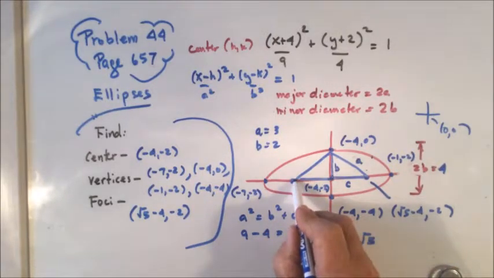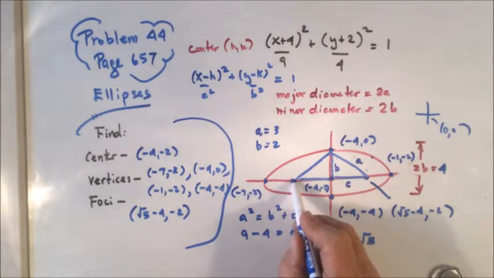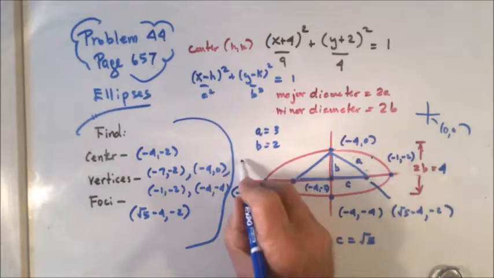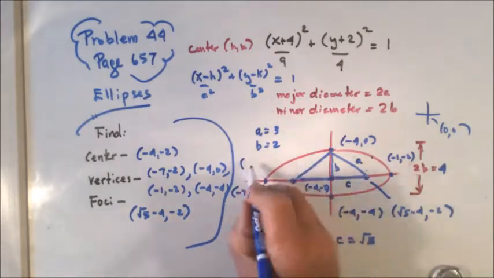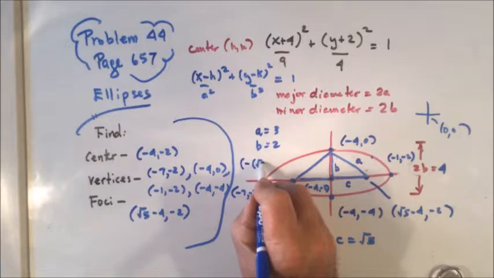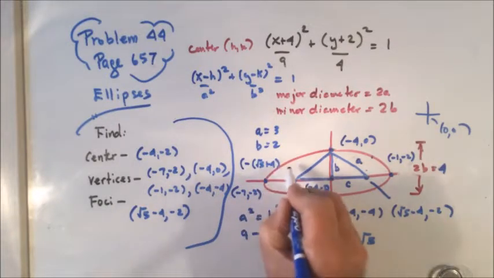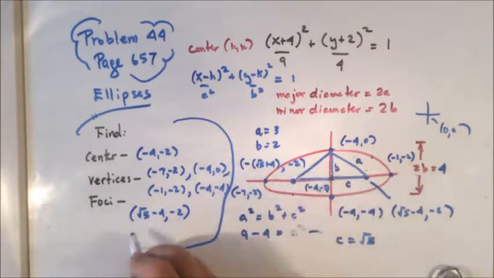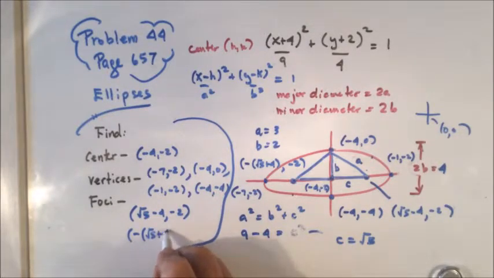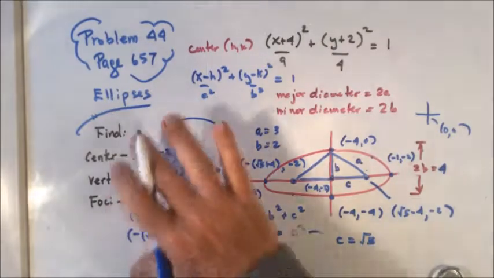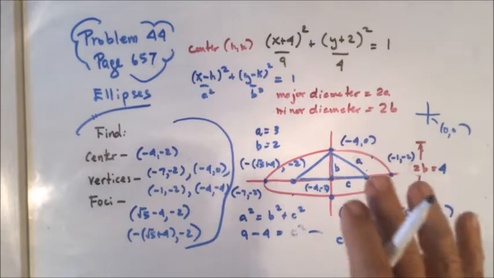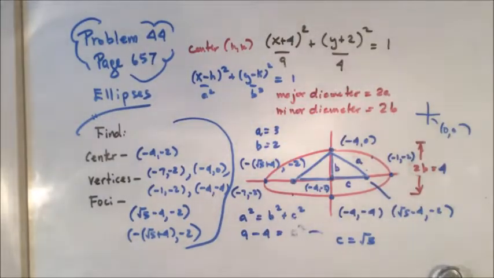And do the same thing over here. Same y coordinate as the center, but moved over to the left by root 5. So that's minus root 5 minus 4, minus 2. Okay, so a little bit of a nightmare and a mess here, but there's the data that was asked for based on that form.